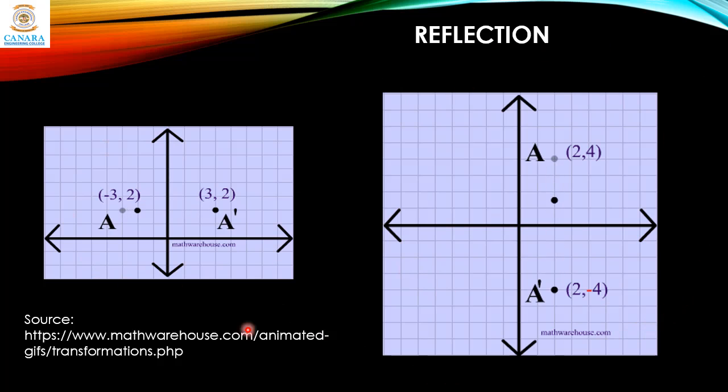All these examples are taken from this website. Now let's understand translation and reflection operations on an image object.